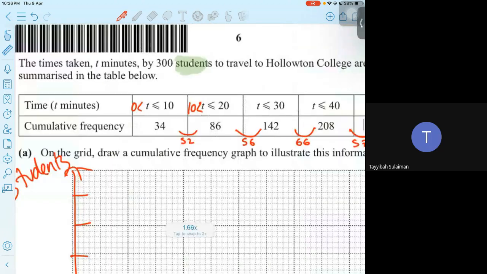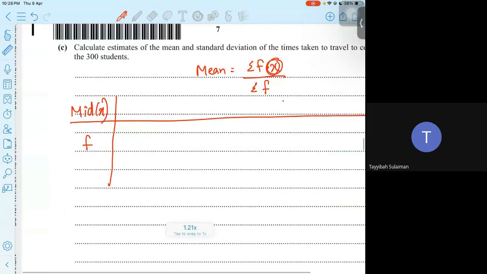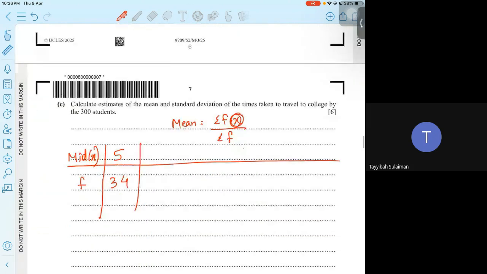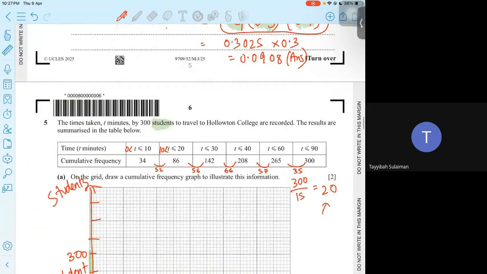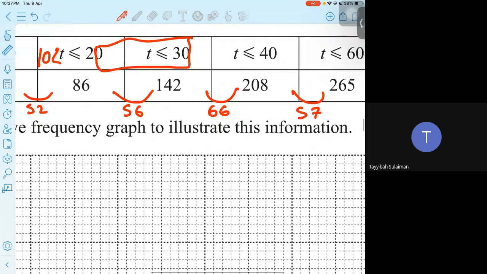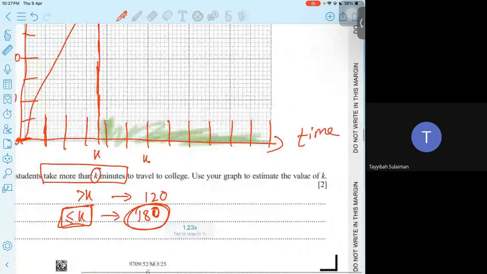From 0 to 10, I have 5, and this was 34. From 10 till 20, I have 15 and 52. From 20 till 30, the midpoint has to be 25, and my f value is 56.